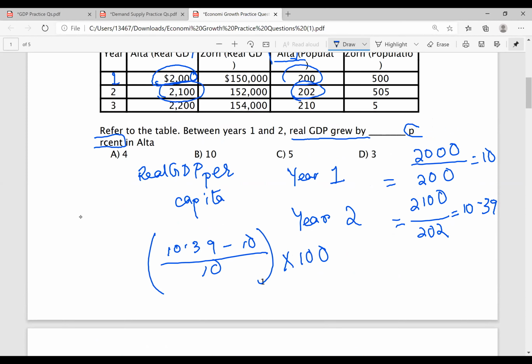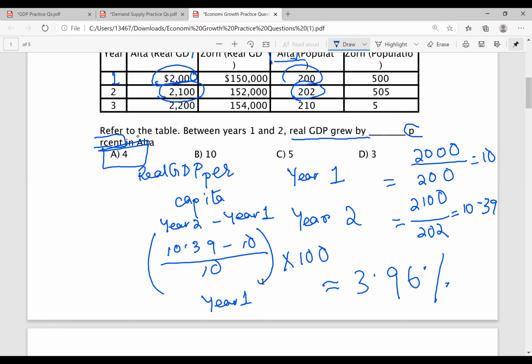So what I'm doing here is taking year 2's value, subtracting year 1's value, dividing by the value of year 1, and multiplying the whole thing by 100. So my answer is equal to 3.96%. So this one is the answer to this question, which is 4%.